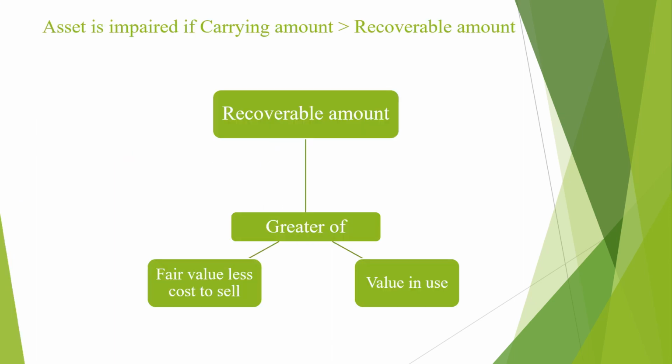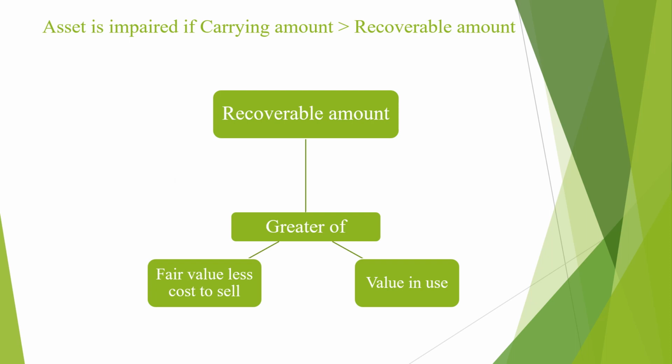First, let us understand what we mean by impairment. An asset is said to be impaired if the carrying amount is greater than the recoverable amount. The objective of this accounting standard is to ensure that assets are always recognized at no more than the recoverable amount.